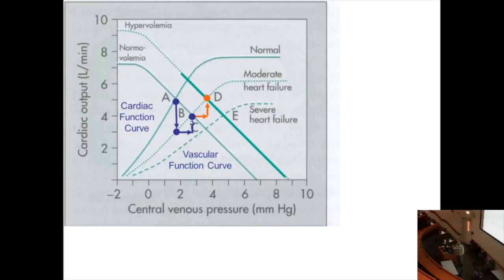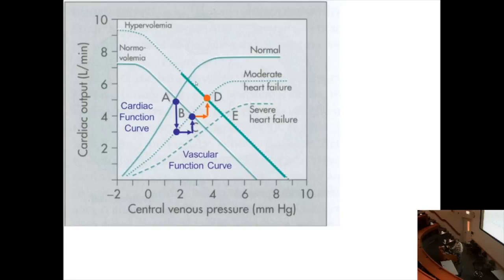And now we have a new operating point, and you will notice that it is at 5 liters per minute, which is the normal cardiac output. So your system is compensated in part by retaining fluid and causing the stroke volume to go up to a new operating point.